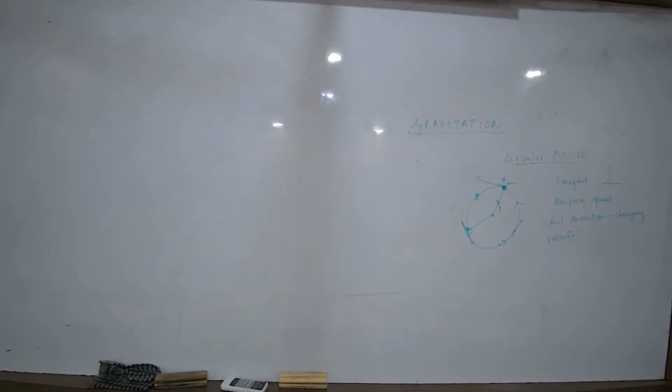When it is moving in a circular path with a constant speed, the only change in velocity, correct? Uniform speed, the only change in the velocity is due to the change of direction, in the direction of motion.